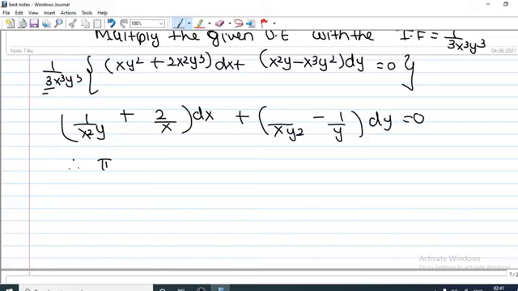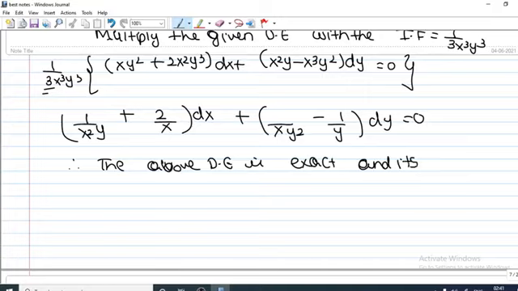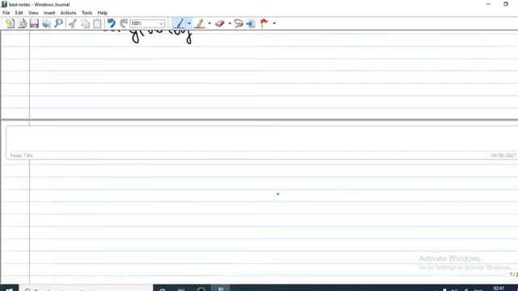Therefore, the above differential equation is exact and its solution is given by, what? That M of x formula.